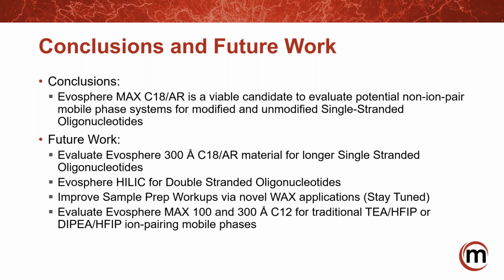So for anything peptide, that size, oligonucleotide, as a starting point for method development, the C18AR really has some advantages. Obviously, the double-stranded oligos can be bigger and more polar, so we could look at HILIC phases on wider pores.